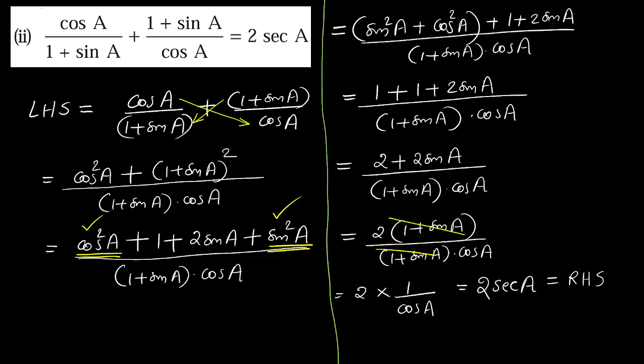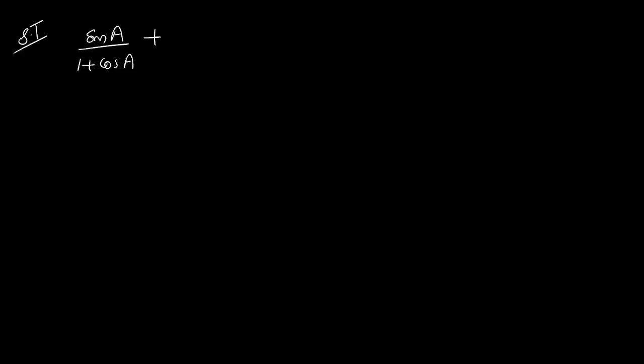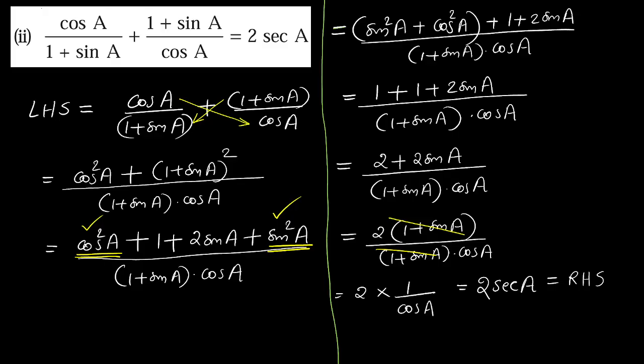So let me write one question. You just try it. Show that sin A by 1 plus cos A plus 1 plus cos A by sin A equals 2 cosec A. It is a slightly modified question, not like the previous question.